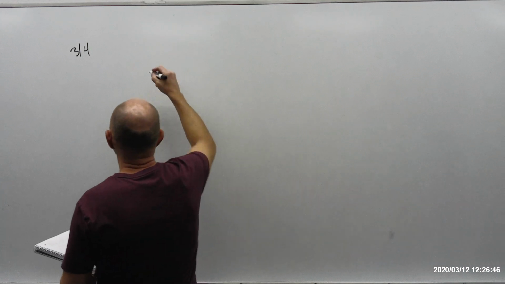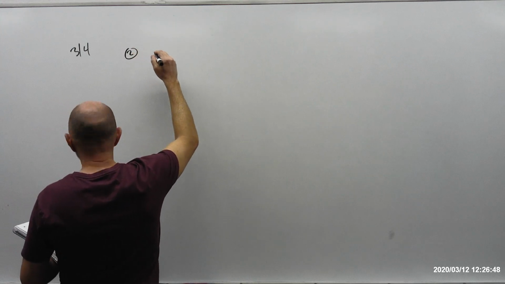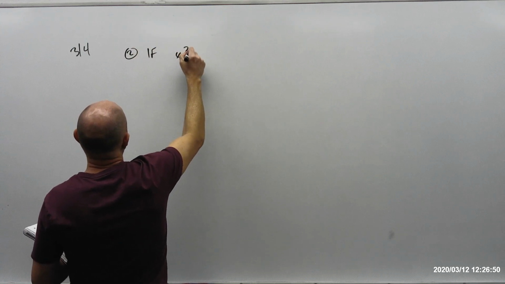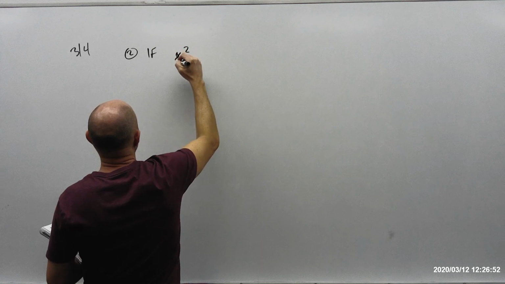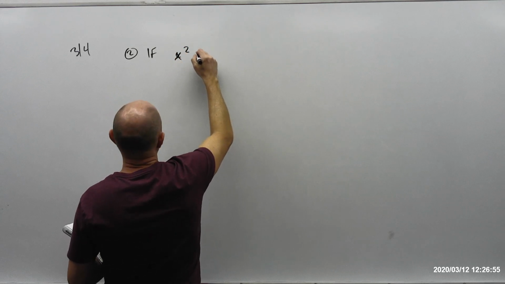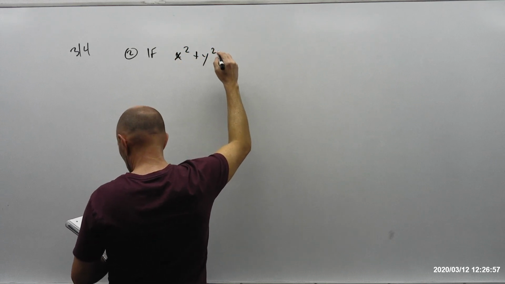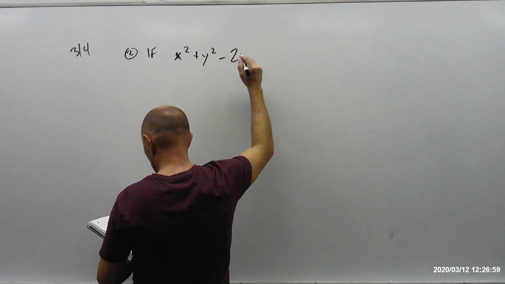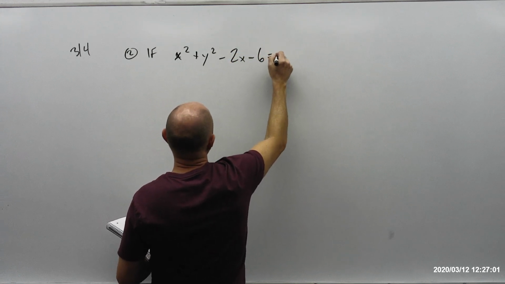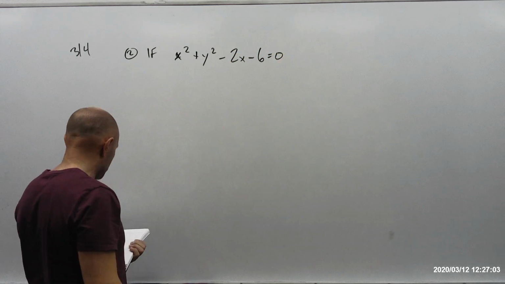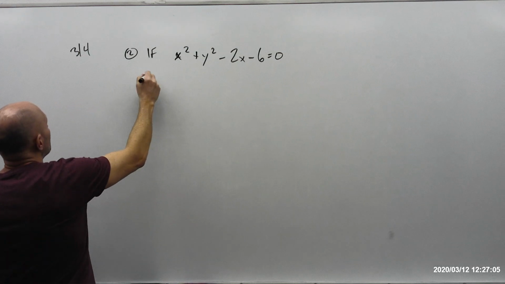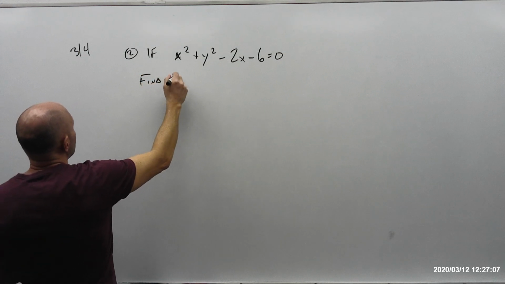So in this case, you guys were given x squared plus y squared minus 2x minus 6 equals 0. If this is an equation of a circle, find the center and radius.